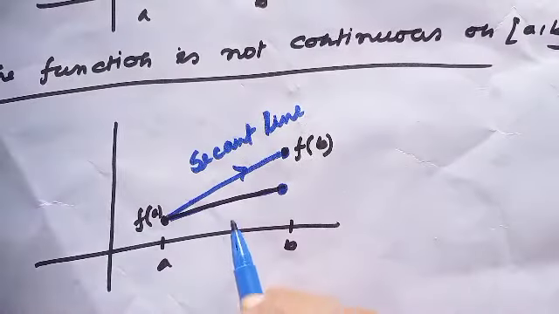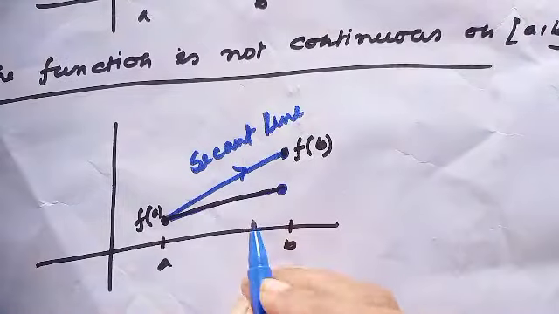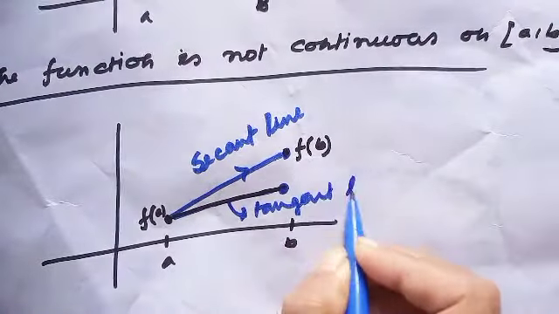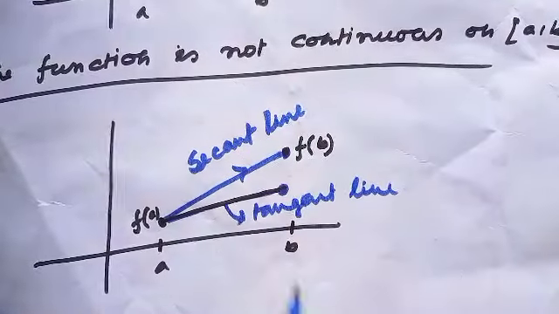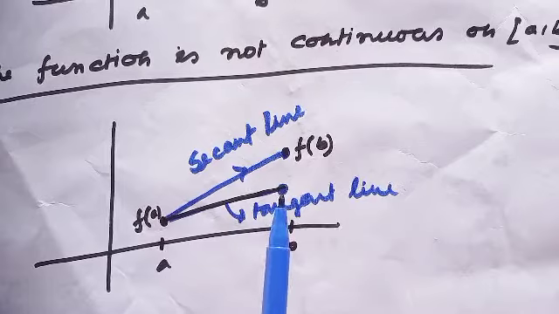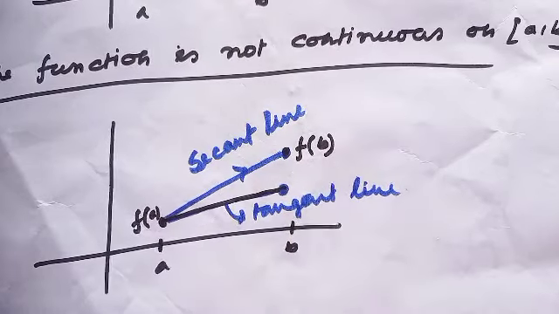Here notice all the tangent lines go through this line, so there cannot exist any tangent line whose slope is parallel to the slope of the secant line.